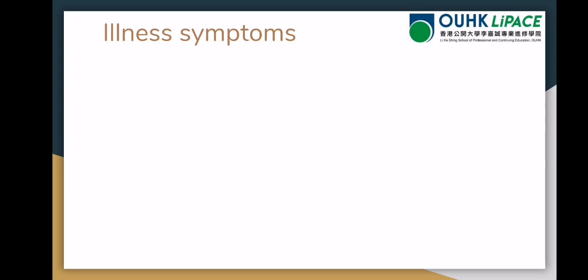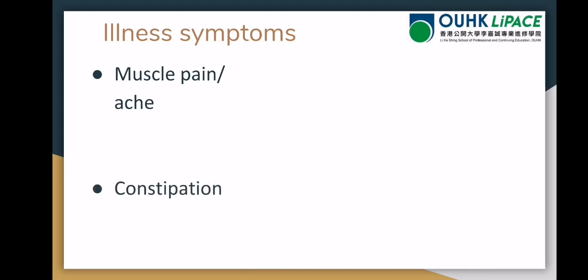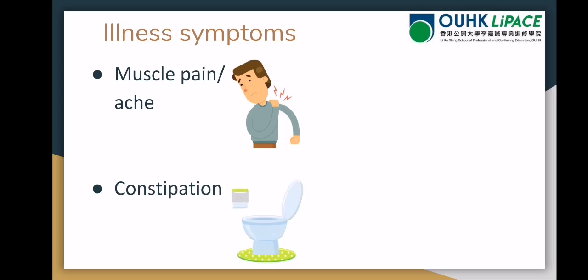And then the last page of specific symptoms we have here is muscle pain or muscle ache. And then the next one here is constipation. The muscle pain or muscle ache is simply a pain in the muscle. This is another sign of flu. And then constipation is when you can't go to the toilet even if you want to.